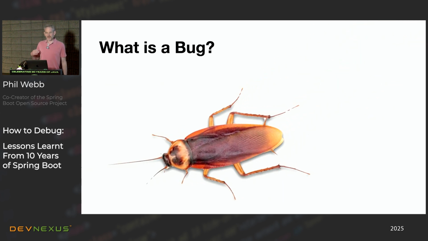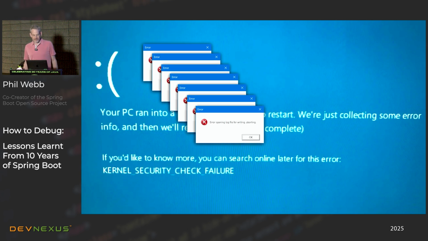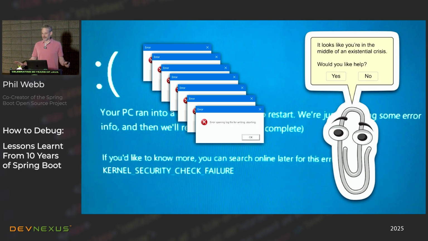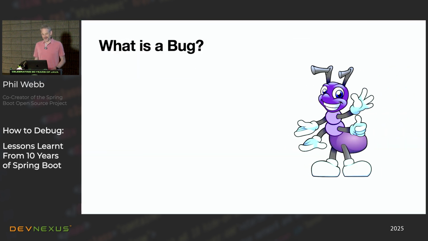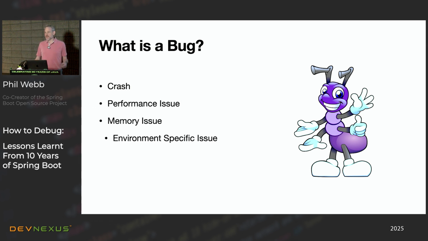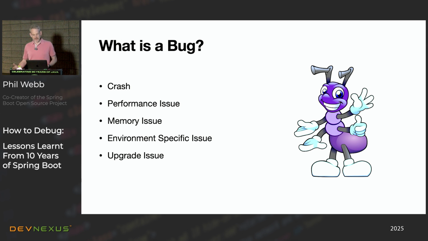Okay, so what do I mean by a bug? I think most people think of a bug as a catastrophic failure, something's gone wrong. That's certainly true, and a crash is probably the most common type of bug that you think of. But there are many more that have come up over the 10 years of Spring Boot.